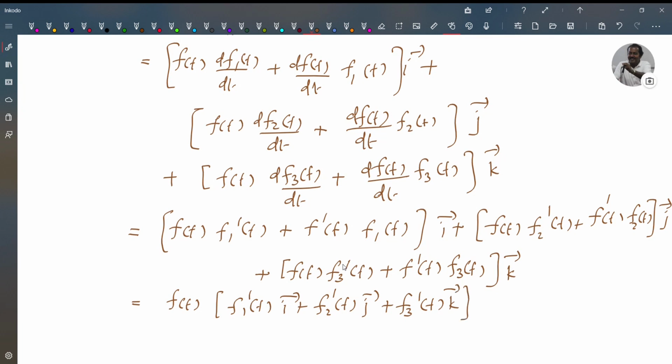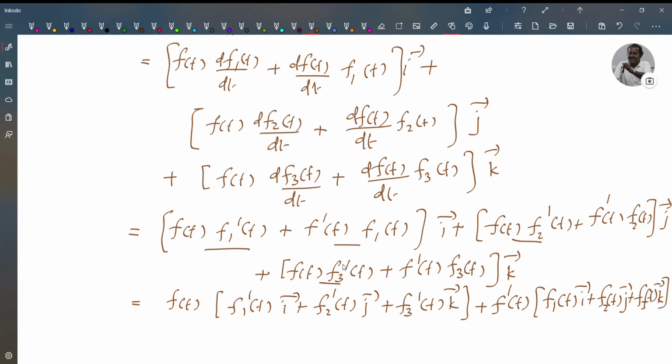So you have this one and this one plus f prime of t into f1 of t i plus f2 of t j plus f3 of t k.